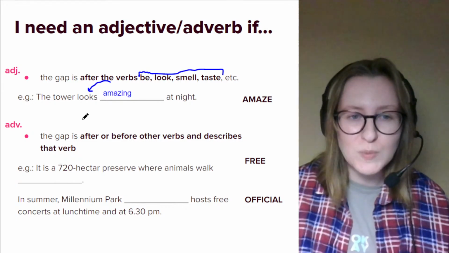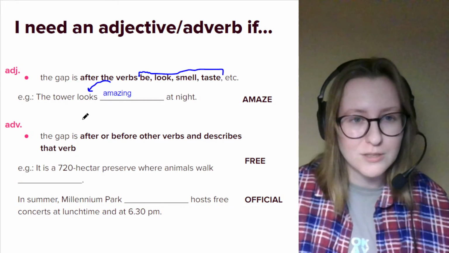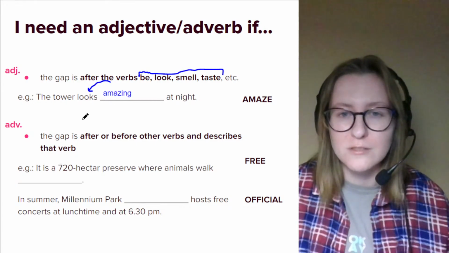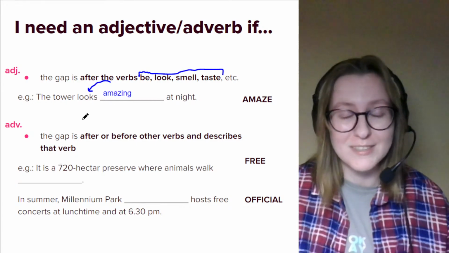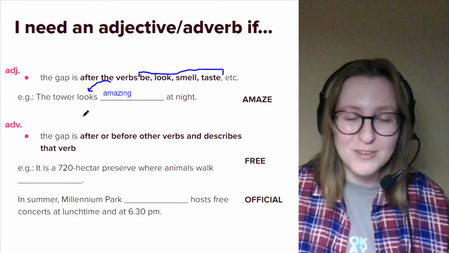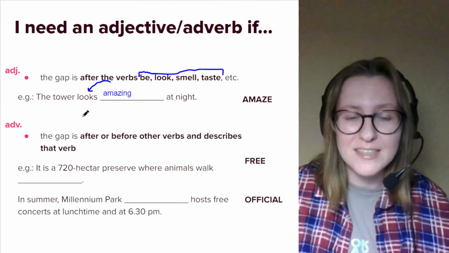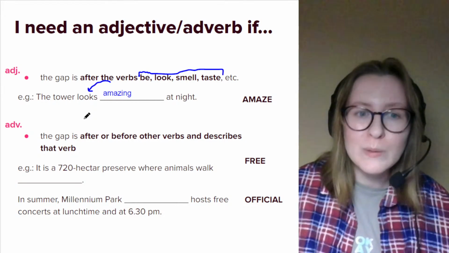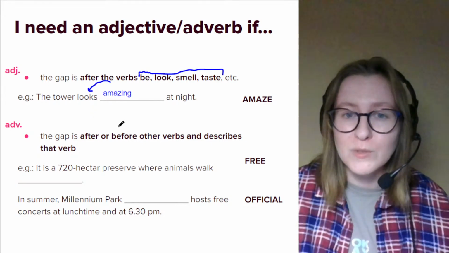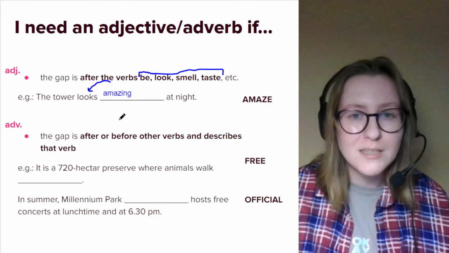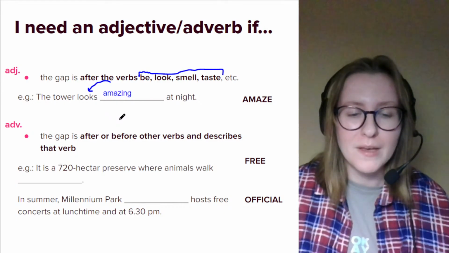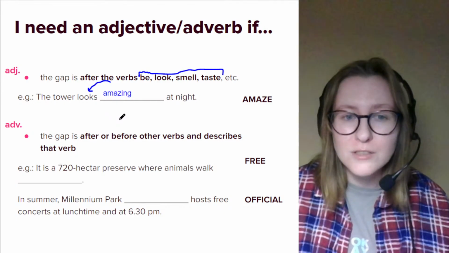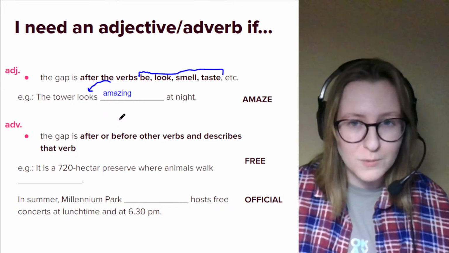So please don't base your decision on translation. That is not a good idea in 25 through 29. Well, it's actually never a good idea if you ask me, but in this case, in these tasks, it will lead to mistakes. So please base your decisions on the positions that your gap takes, right? On the rules of the structure of the English sentence and not the Russian ones, right?